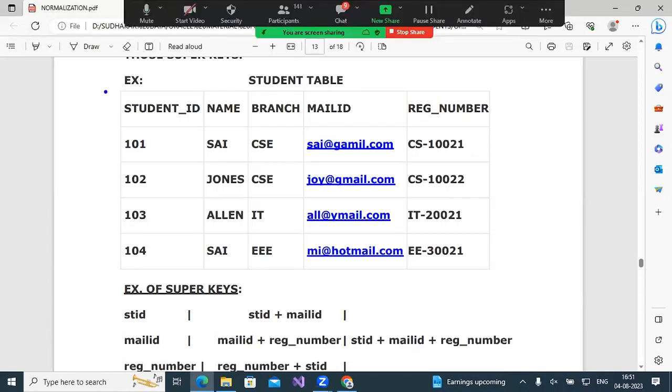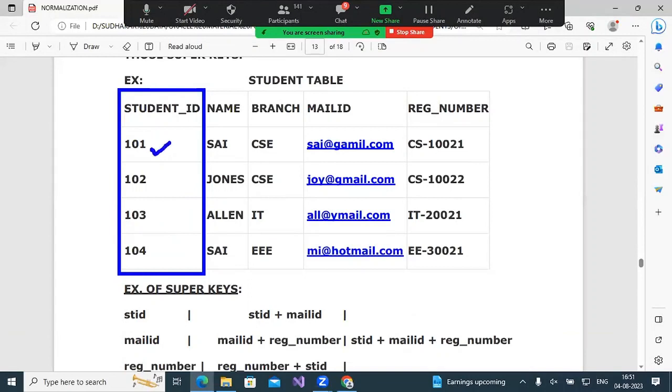First I will go through each individual column. First, student ID. In the student ID column the values are 101, 102, 103, 104. Now tell me, each and every row, how many rows? 4 rows. Each row is identified with a different number. Do you have any duplicates?